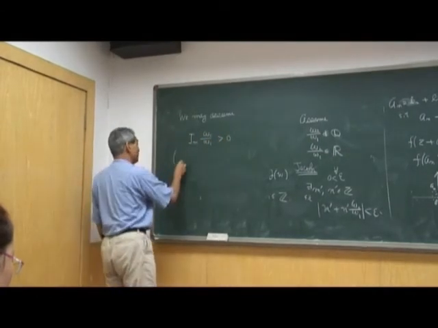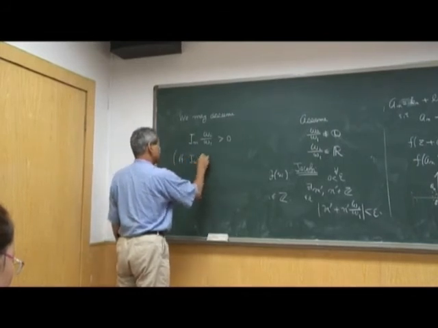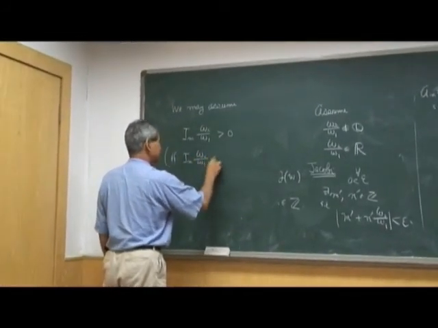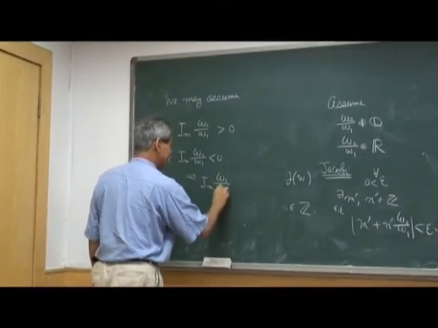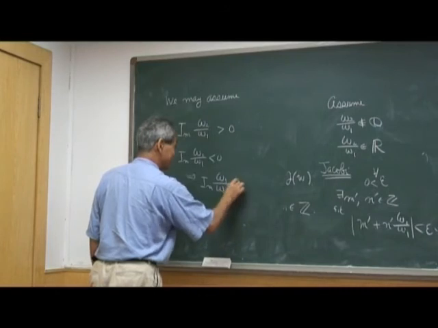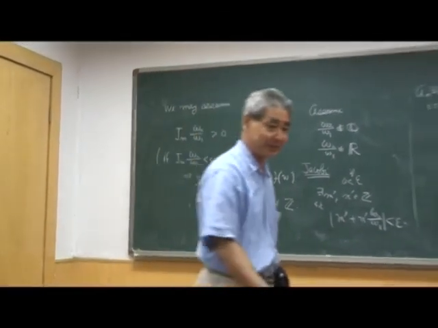Why? If this is negative, then just change it. You can easily show that the inverse is positive. This is also a typical property of complex numbers.